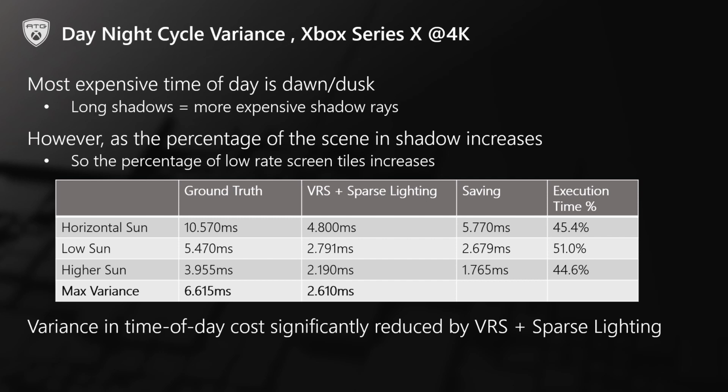And then the low sun's 2.8 and the higher sun is 2.2. So the variance between the worst case and the best case is only 2.6 milliseconds instead of 6.6. So this is really good news in keeping a consistent resolution, particularly if you have DRS. And if you don't have DRS, this helps you to draw more at those lower sun angles without dropping frames.